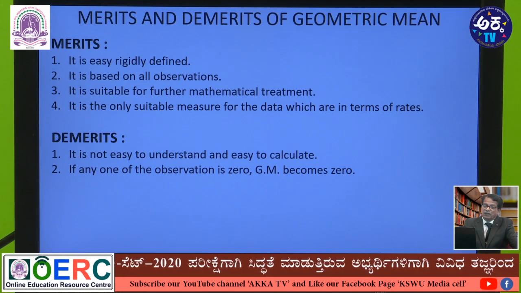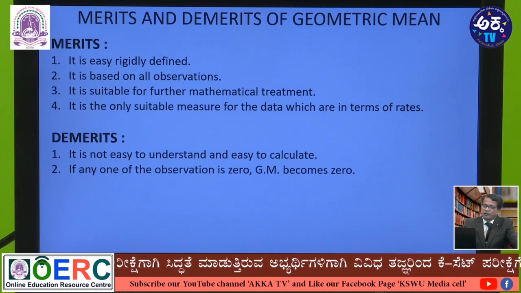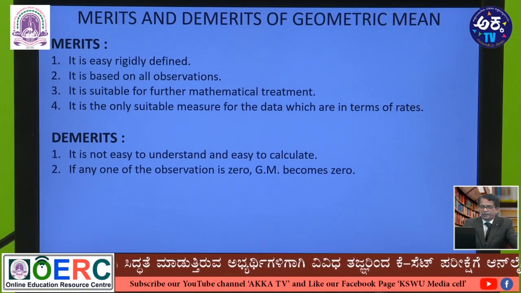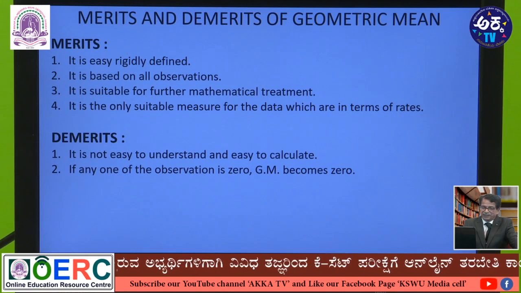As I told you, if you are working on data like percentages, then you must only concentrate on geometric mean in order to get the average, but not the arithmetic mean. This is with a caution.